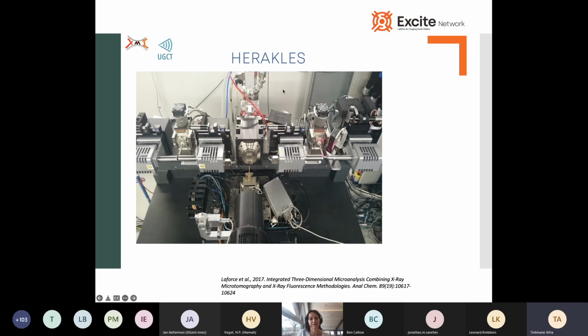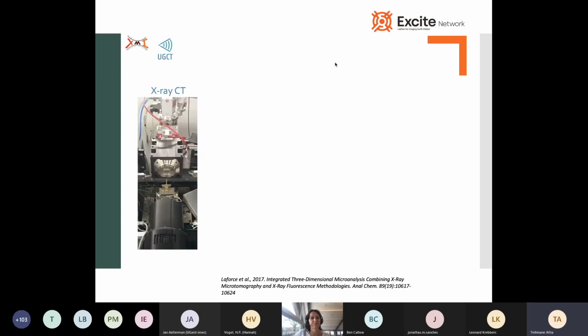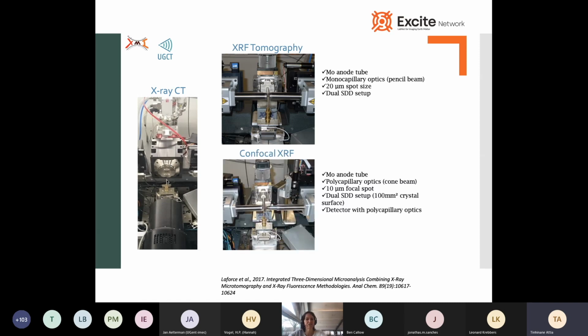So here we have a scanner where we combine XRF and CT in one system. And the way it works is you have an X-ray CT setup. So you have a source, detector, and in the middle you have your sample. And then we have two end stations, one for XRF tomography and one for confocal XRF.